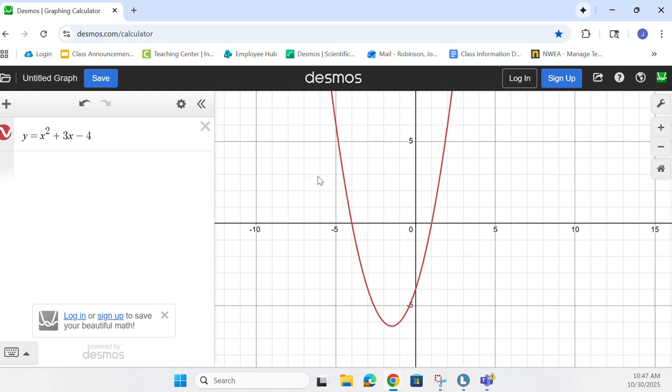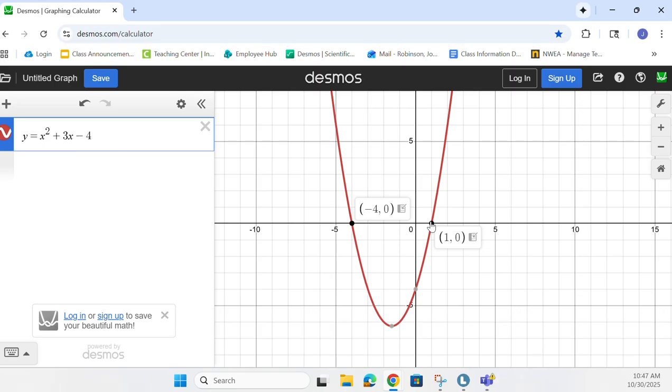Alright. Now, this is so cute. We have zeros and we have a vertex. The zeros are at -4 and 1. One of the things that I told you that we needed to remember is that quadratics have the same second common difference.